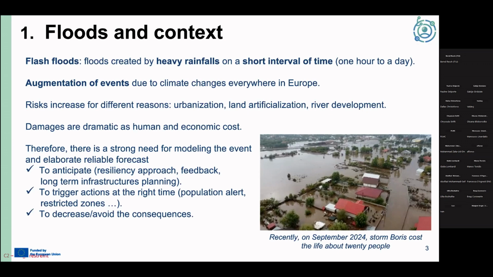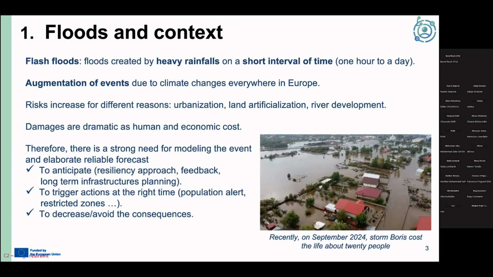So currently we have the storm called Boris, which cost the life of about 20 people during this September. I think you heard about it. It cost a lot of things to many countries in Europe.